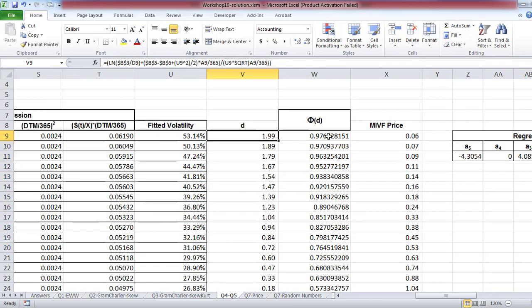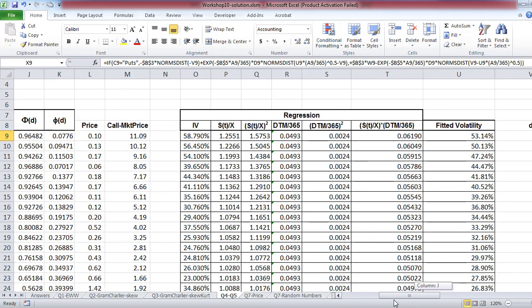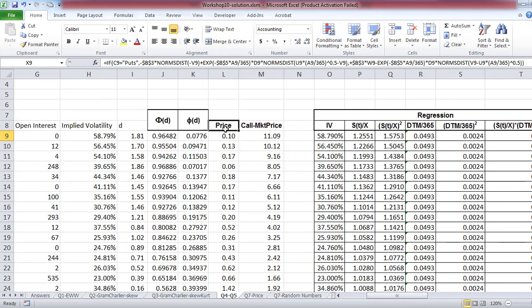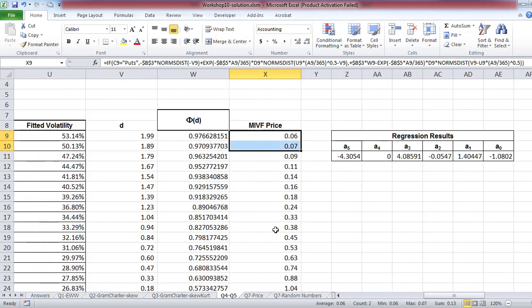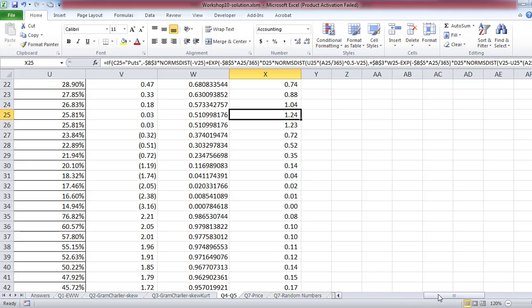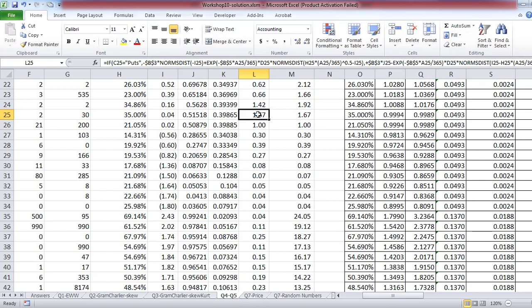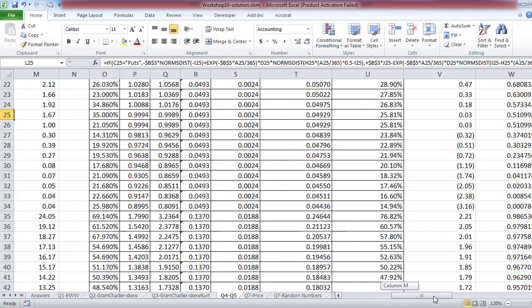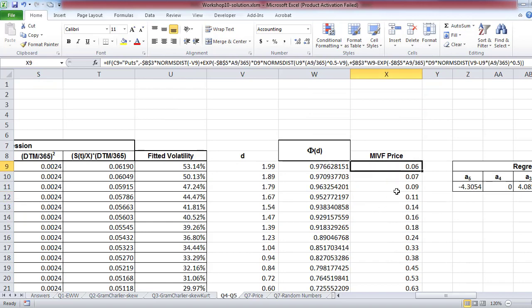So I compute the d, the phi d, and so on, and then I get my model-free implied volatility price. The original price here was 10 cents. Now the price given my new volatility is going to be 6 cents. Or in another case here, it's 124, and I compare that with the 167. All right, so you're going to have some errors, which is normal, given that this is just a model.